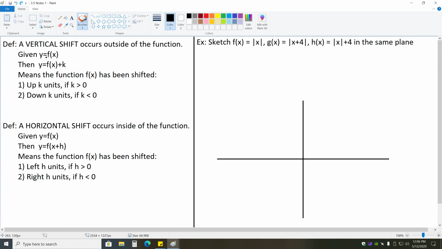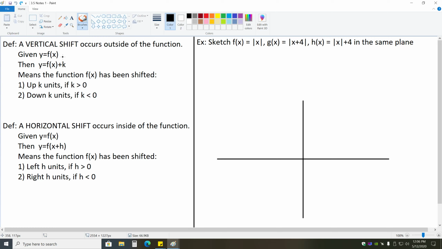So given y equals f of x, just some standard function, then y equals f of x plus k, meaning we're adding some constant k to the outside of the function, means that the function f of x has been shifted up k units if k is positive, meaning it's greater than 0, or down k units if k is less than 0 or negative.